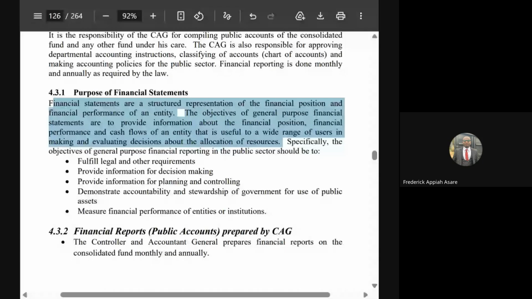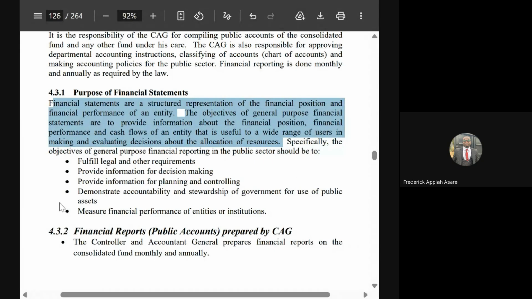That is the main purpose of the financial statement. We use it for reporting on the financial position, financial performance, and also the cash flows of the statement.